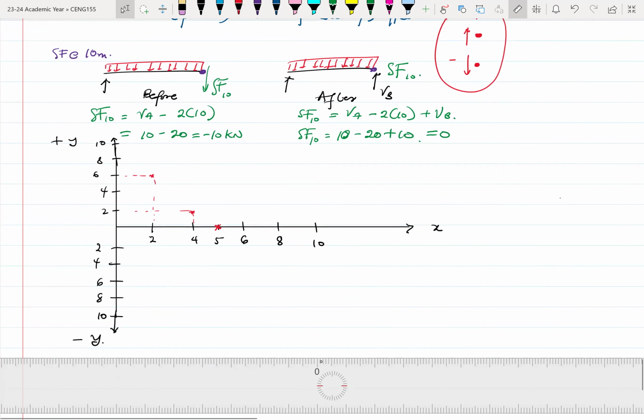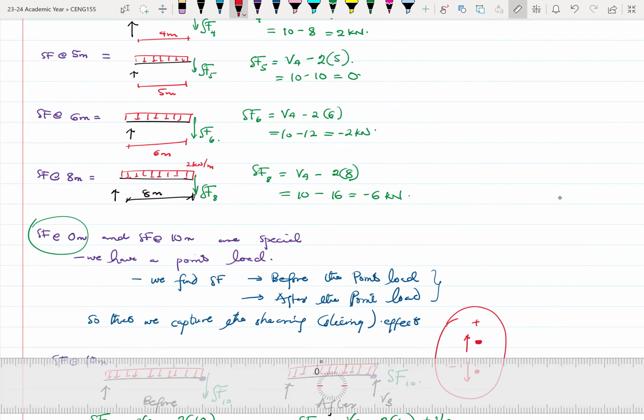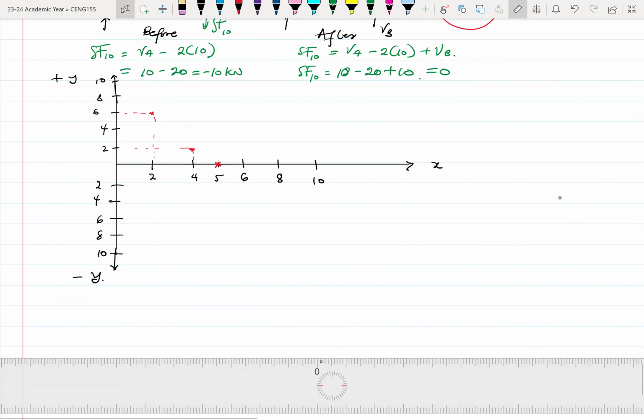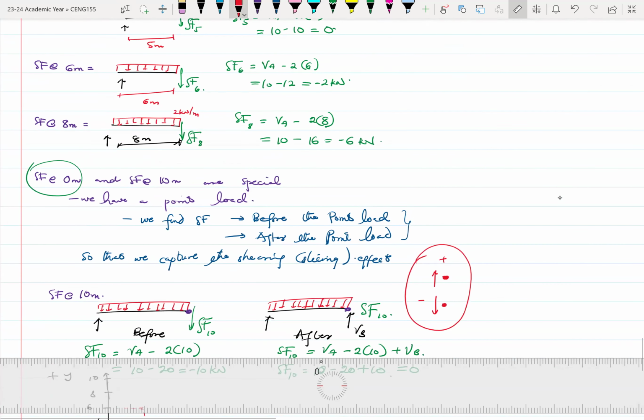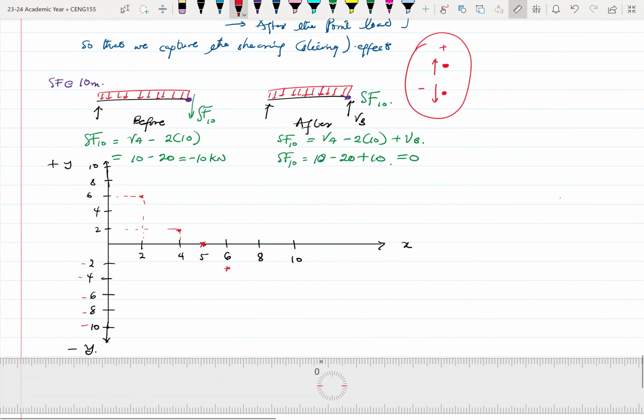At 6 meters, it became minus 2, so somewhere here, below the axis. Then at 8 meters, it was minus 6, so minus 6 is somewhere here.